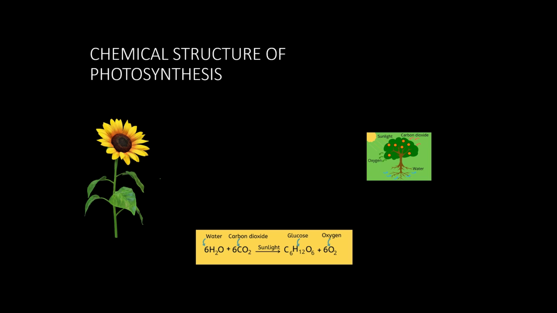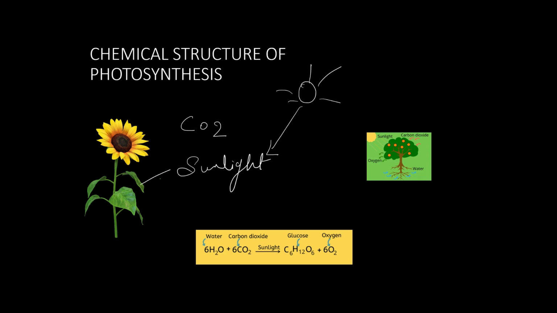We know that in the leaf part, carbon dioxide is trapped with the help of stomata, and sunlight coming from the sun is absorbed by the leaves with the help of chlorophyll pigment, and the roots are present inside the soil.